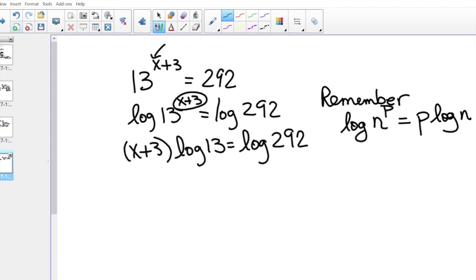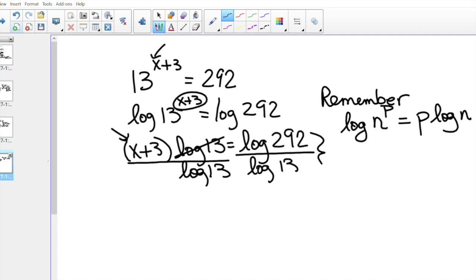Now, we're not going to distribute here because you only have just the one x. So what we're going to do is to eliminate everything except x. I mean, I want to get rid of that log of 13. So, divide by the log of 13. What you do to one side, you do to the other side. Now calculate this.